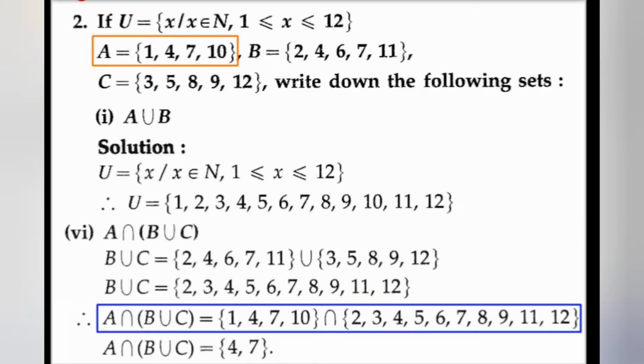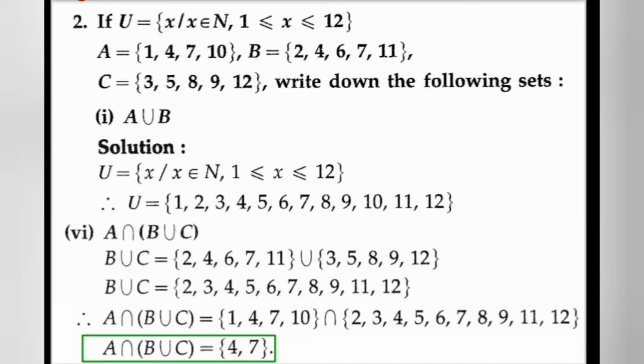Now A intersection B union C would be set of 1, 4, 7, 10, intersection set of 2, 3, 4, 5, 6, 7, 8, 9, 11, 12. So it is set of 4, 7.